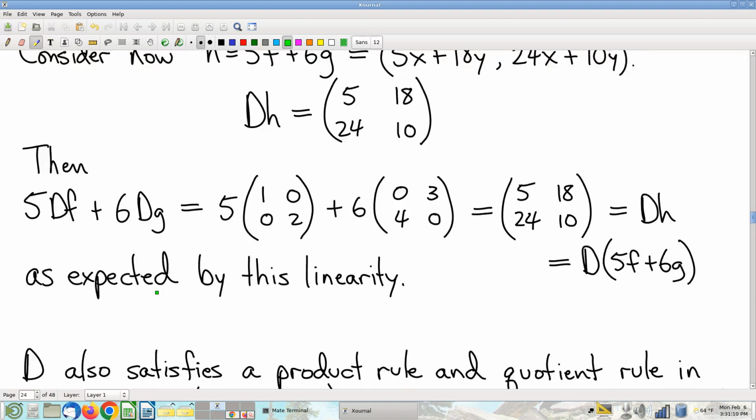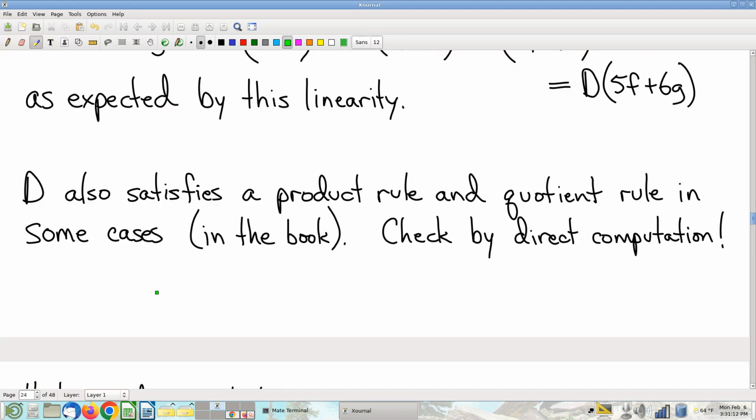We talked about this last time and did an example that I won't repeat, but one other quick thing to point out is that D also has a product rule and a quotient rule. Actually, it has a couple of different product rules, depending on whether the functions are both vectors or scalar and vector, etc. So make sure to look and read that stuff in the book.